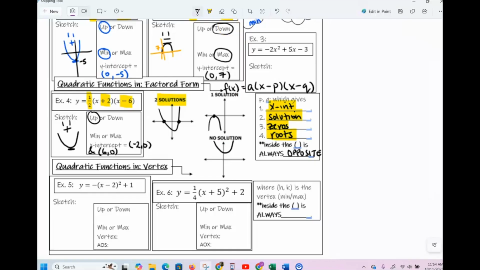Is it a max or minimum as a vertex? It is a minimum. Okay, and then the x-intercepts are -2 and 6. So when I draw that, I just care that this is -2 and this is 6. So I'm just going to put a y-axis somewhere over here. Okay, so all I know is my x-intercepts from this information and whether it opens up or down. Let's practice.